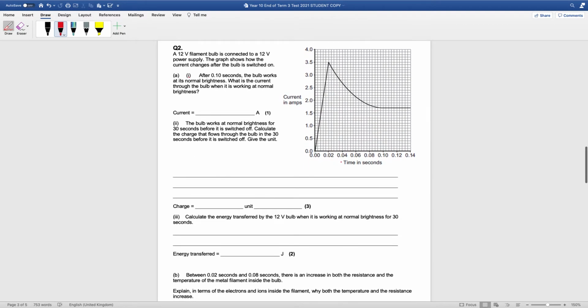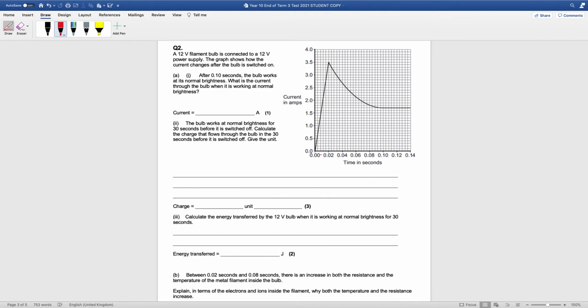Question 2. A 12-volt filament bulb connected to a 12-volt power supply. The graph shows how the current changes after the bulb is switched on. After 0.1 seconds, the bulb works at its normal brightness. What is the current through the bulb when it is working at its normal brightness?